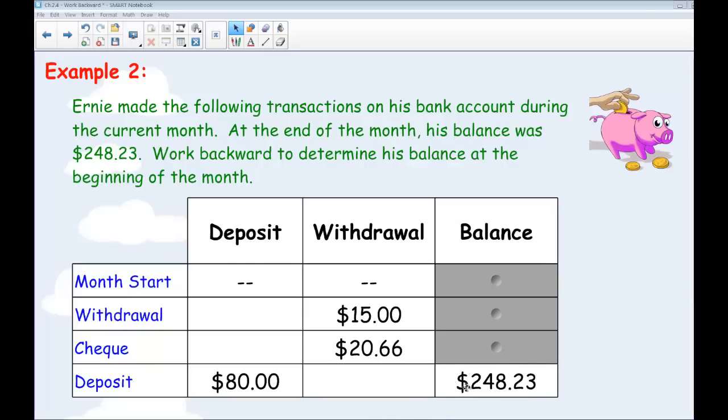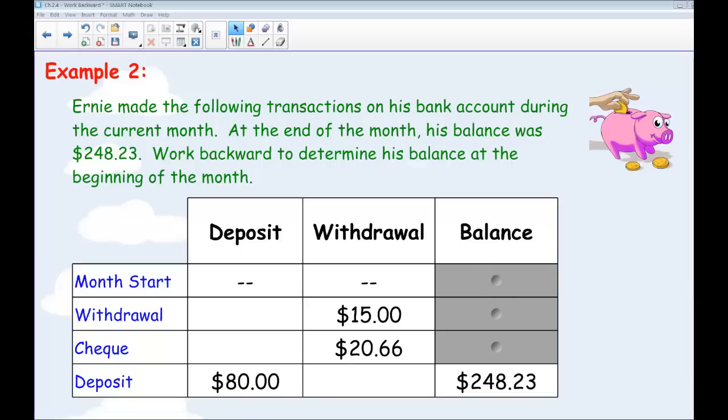Here at the bottom of the statement, it shows $248.23. Now there are a series of different types of transactions that occurred in the month. For example, a deposit, a check, and a withdrawal. So it wants you to calculate what the starting balance at the beginning of the month was, before all these transactions.